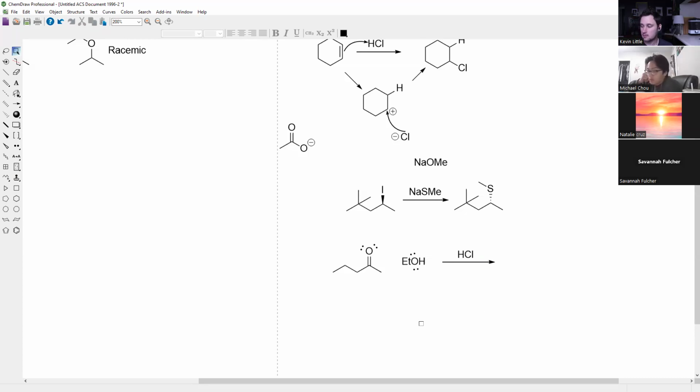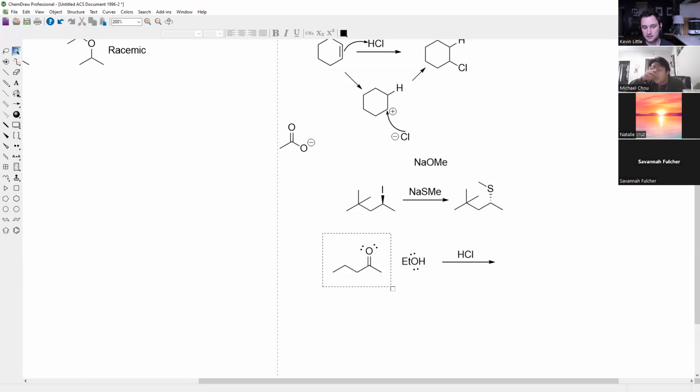If I want to make my electrophile better or I want to make my nucleophile better, what do I want to make more positive? The electrophile. Why? You can have a stronger reaction between nucleophiles and electrophiles when they're more positive and more negative.